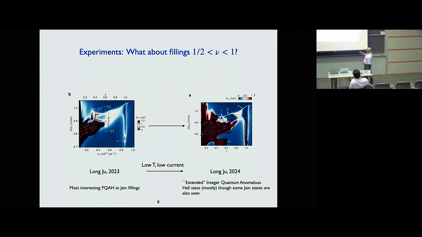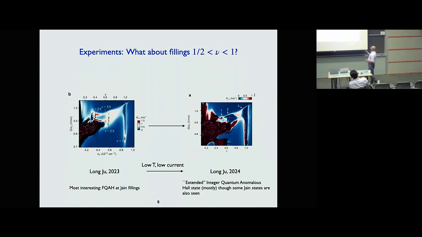And the same phase diagram evolves to something like this, where you see these blue regions, this tiny blue region here, big blue region, tiny blue region. This region is what Long calls an extended integer quantum anomalous Hall effect, and that dominates the phase diagram in the region where previously the most interesting thing was the fractional quantum Hall states.